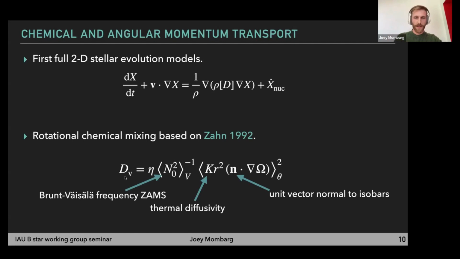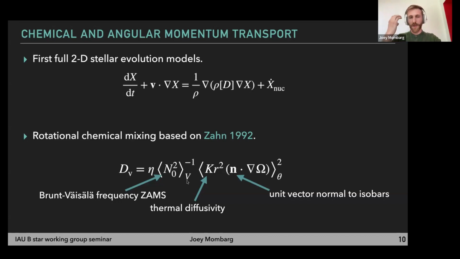So what this means is that you scale the vertical diffusion coefficient with the thermal diffusivity and the gradient of the rotation profile. And this whole thing is then averaged over the theta coordinate, over the angular coordinate.